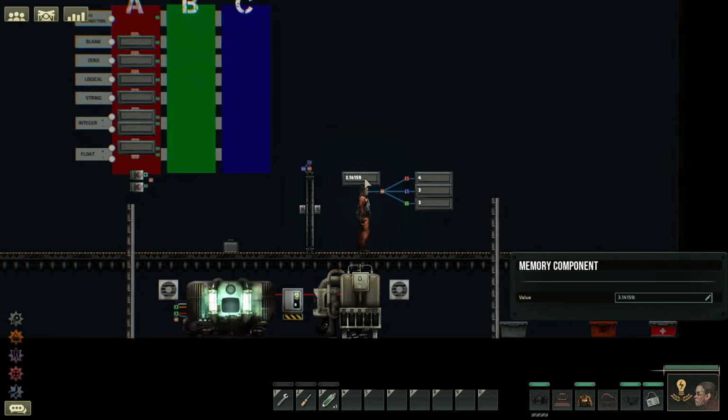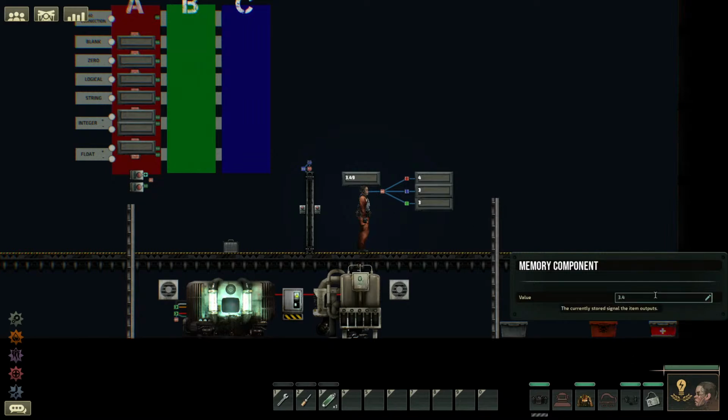So if you put a 3.49, not 349, 3.49, right? Your round component is still rounding down, your floor component always rounds down, your ceiling component always rounds up. That's pretty much it in a nutshell.